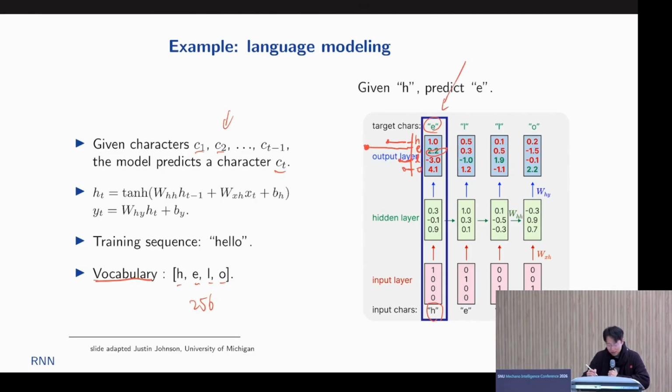It's unnormalized, so not necessarily a probability. That's the loss that's going to be implied here. Then you would insert the second character, E, from the sequence, do some computation, and it's going to output a score here. We look at the score for the correct next character, and we want this to be higher than the score for other characters. It's going to incur some loss here, and so on. You'd add up all these small losses, and that's going to be your loss function. So it learns to predict the next character.